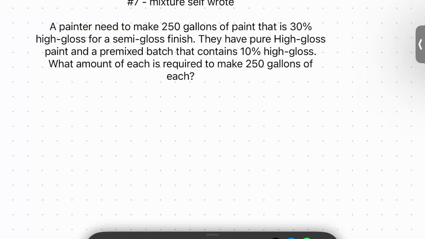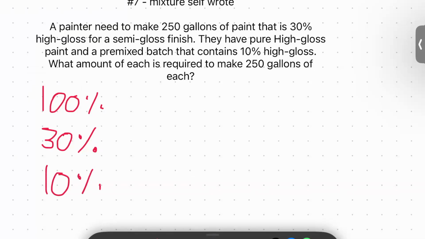What amount of each makes 250 gallons? So it's going to look like this. We have 100%, and we have 30% to make 10%.